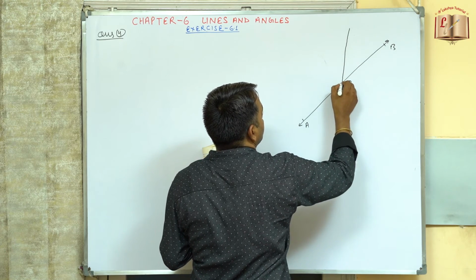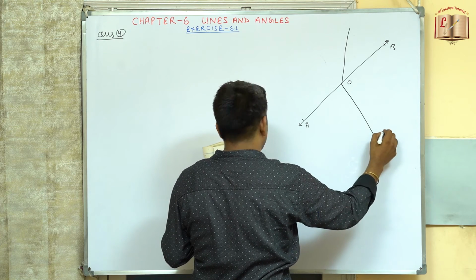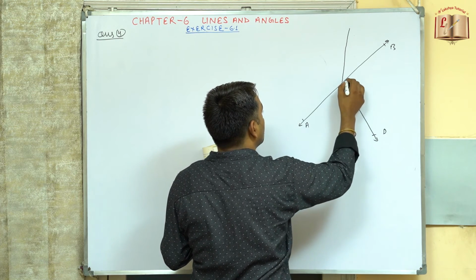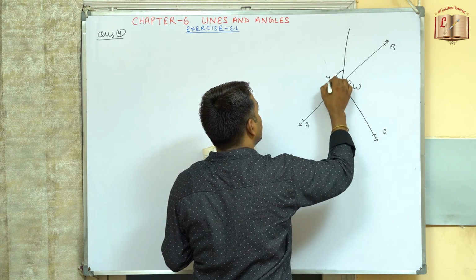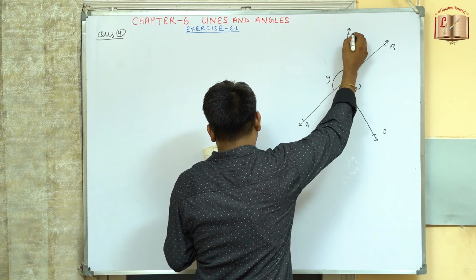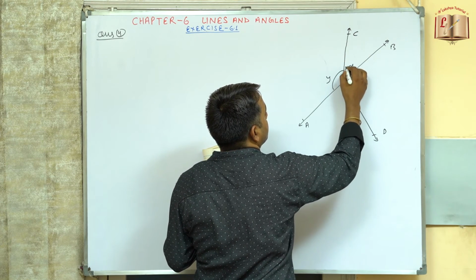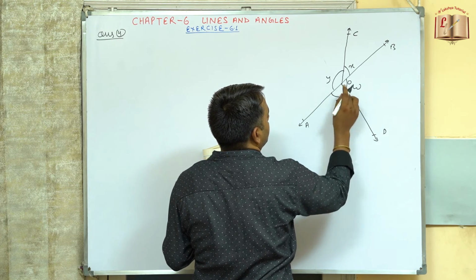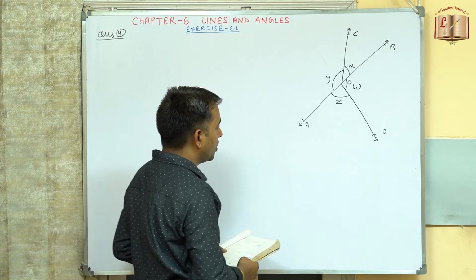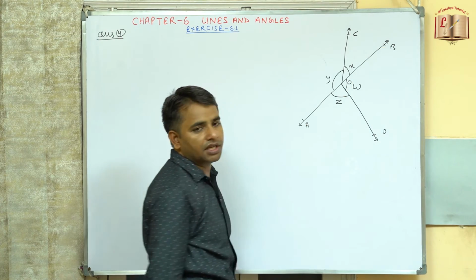Now this is one of the lines. So this is point D, O, and this angle is W, this angle is Y, and this point is C, this angle is X, and this small angle is Z. Now we need to prove that AOB is a line.